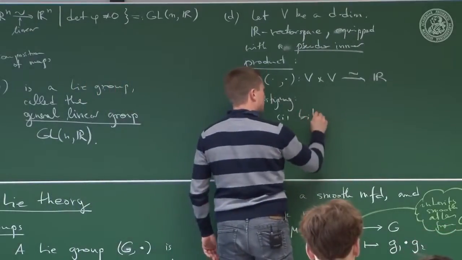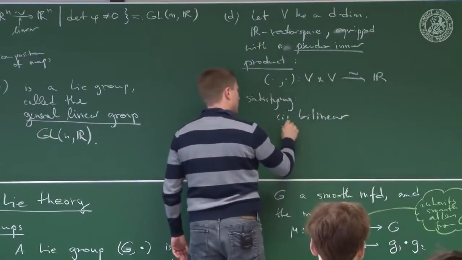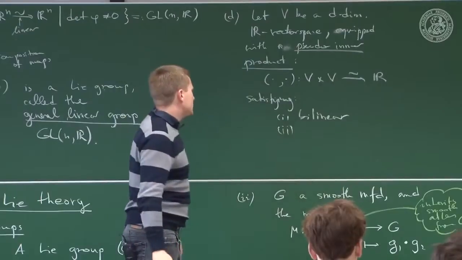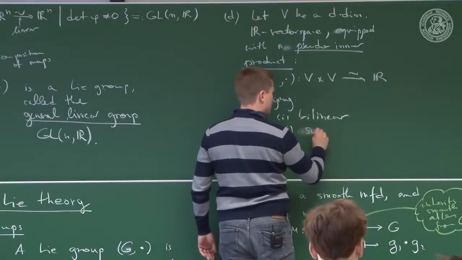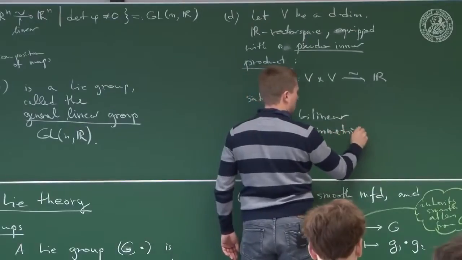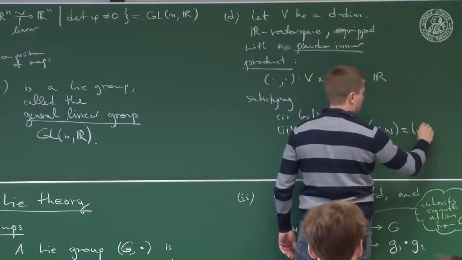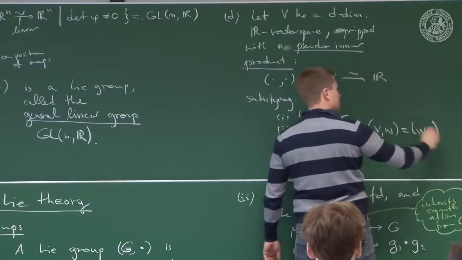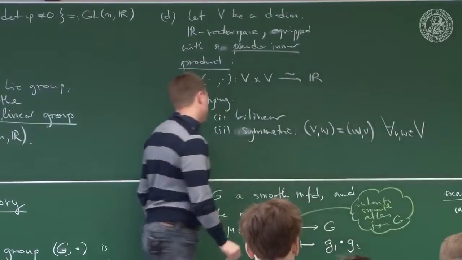Let's emphasize this again, it's already clear here. It's bilinear. And then it's symmetric. That means you have (v,w) equals (w,v) for all v, w in capital V.